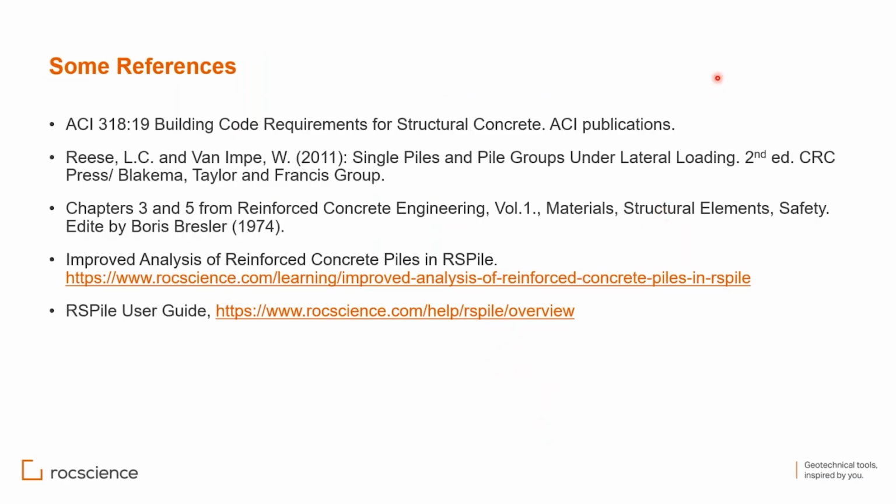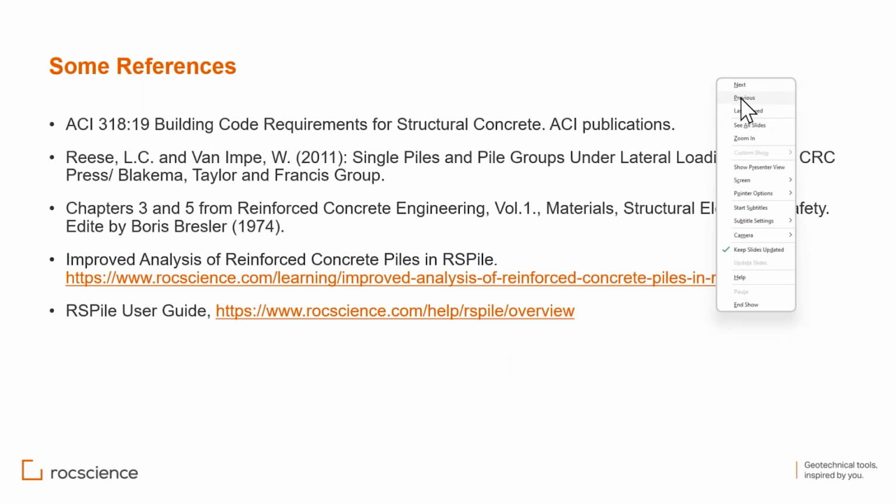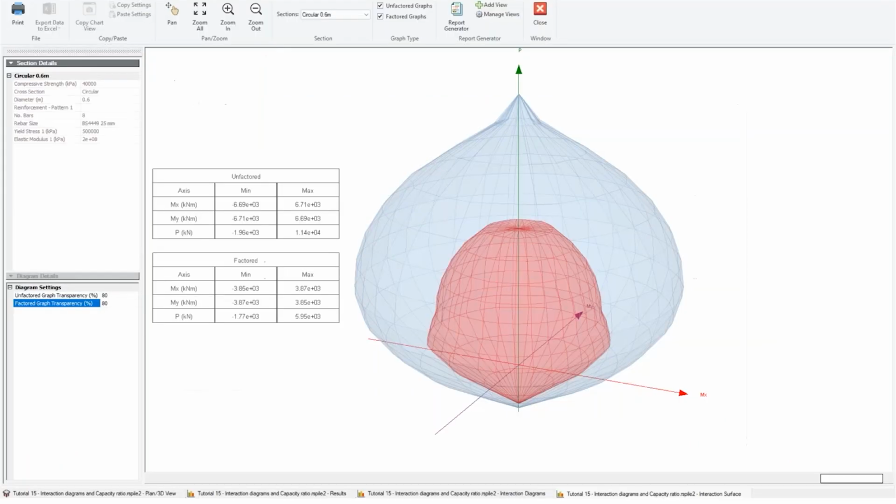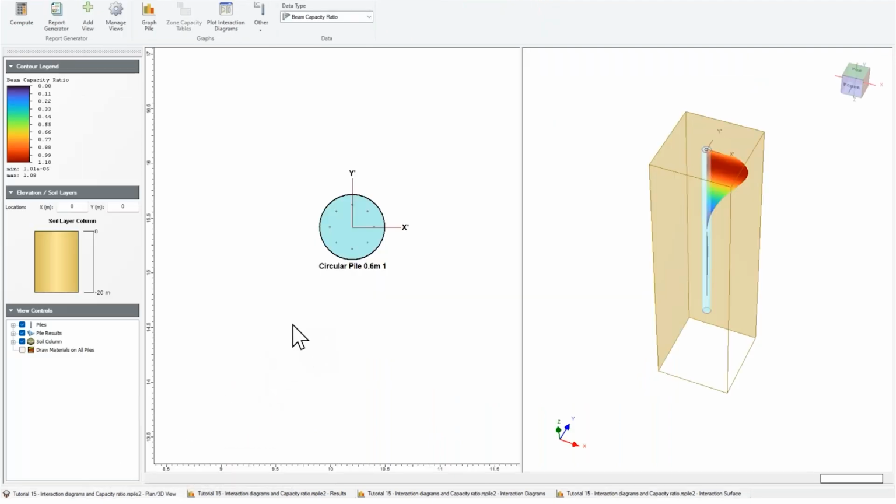These are some references for the, let me go back. I want to show you this example in real. So the example is this one, and this is the pile, the 600 millimeter pile.